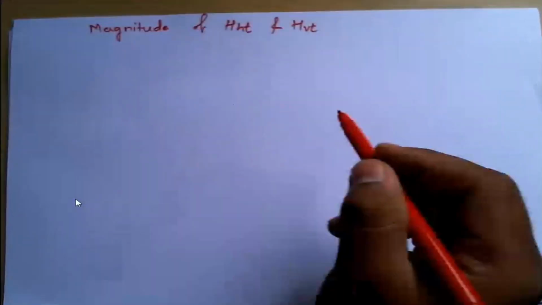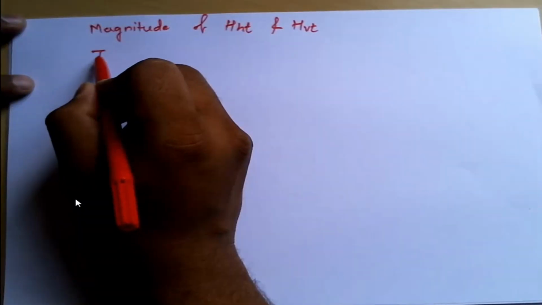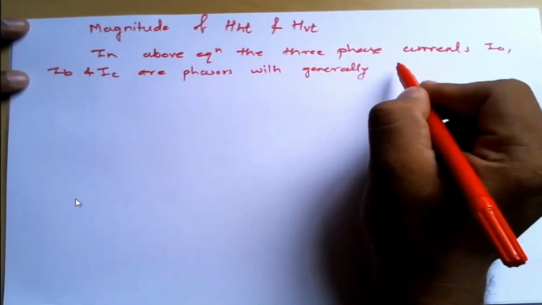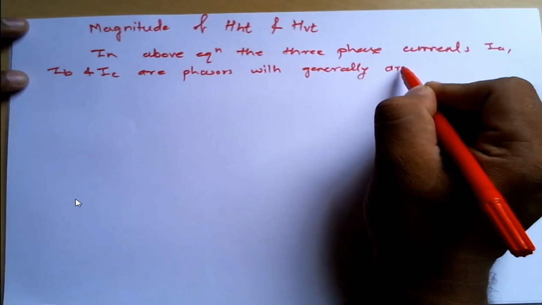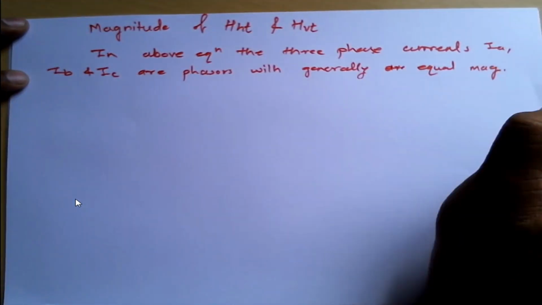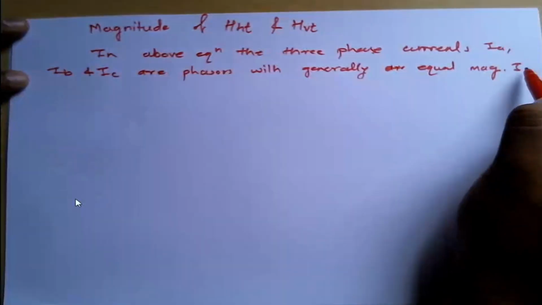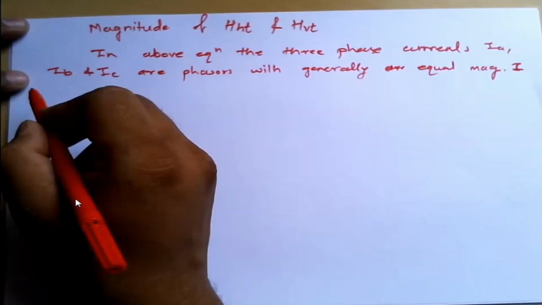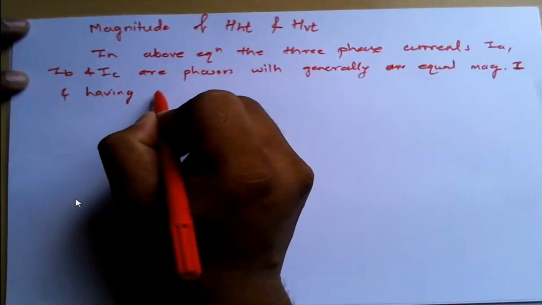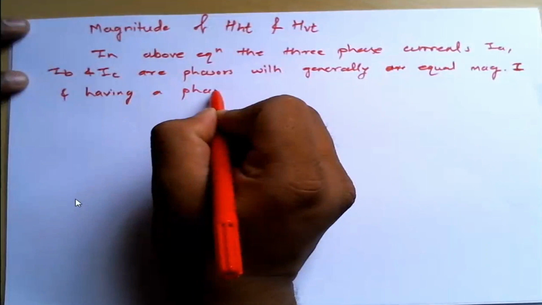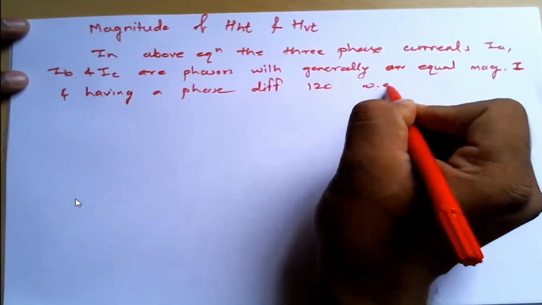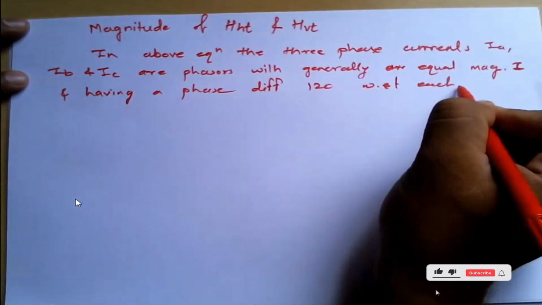So accordingly, let us say these all phases are having equal magnitude, right? The magnitude is denoted by I and having a phase difference of 120 degrees. And this phase difference is with respect to each other.